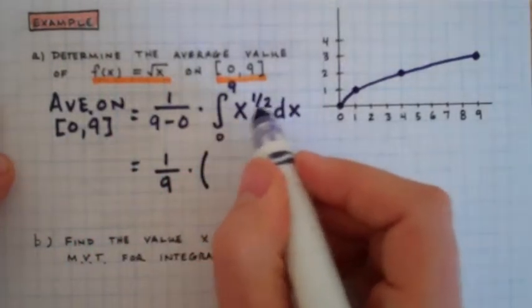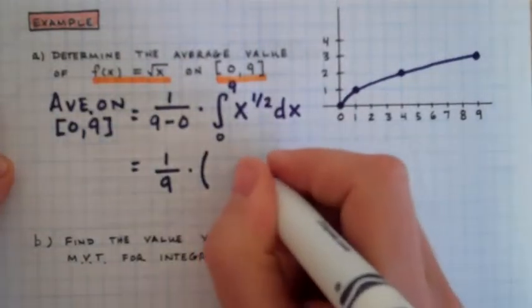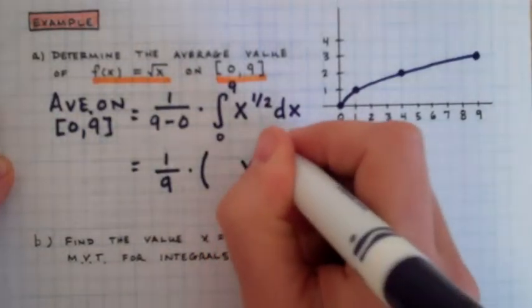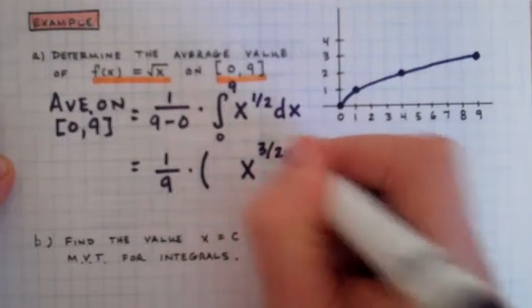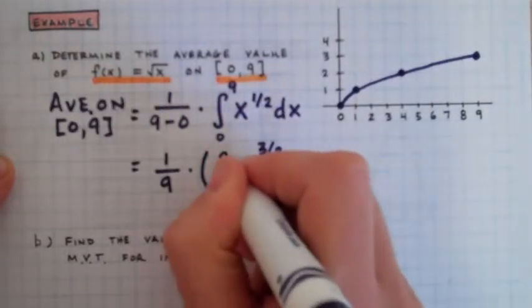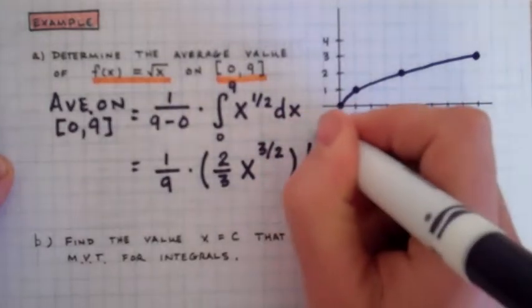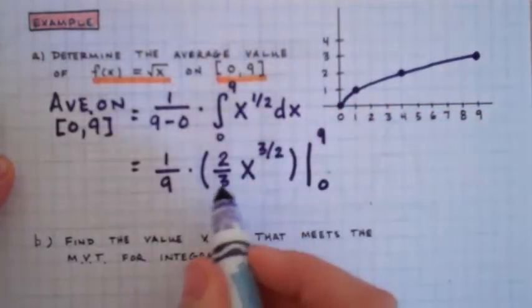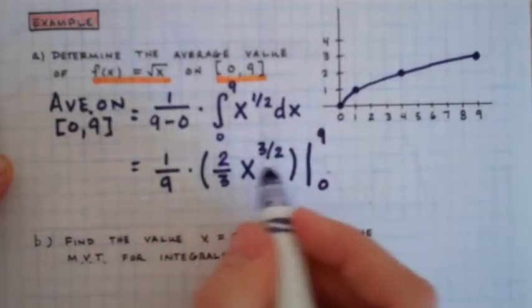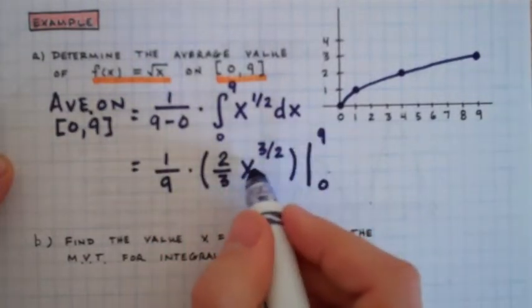If you take the antiderivative of x to the 1/2 power, you get x to the 3/2 times 2/3, which is the same function we saw in the first example today. And we're going to tie that in just a minute. No need to plug the 0 in because you'll get 0.